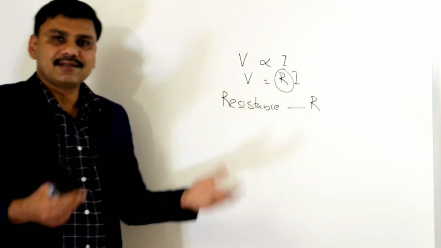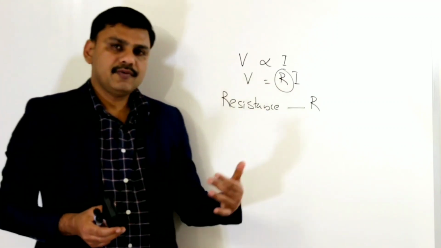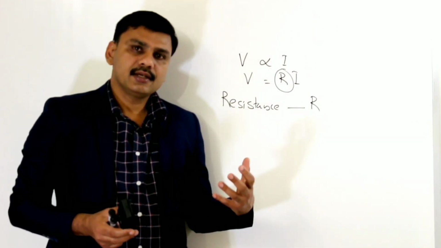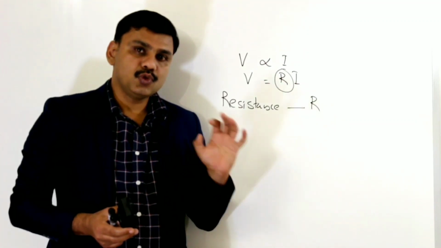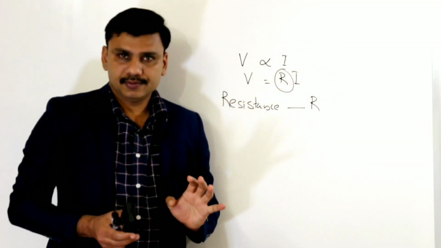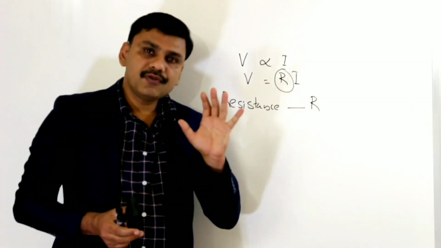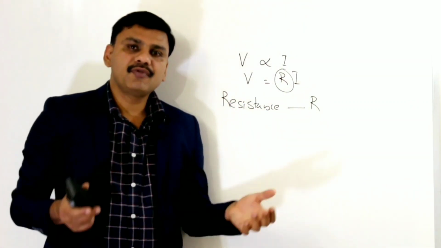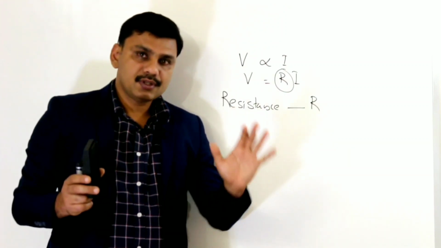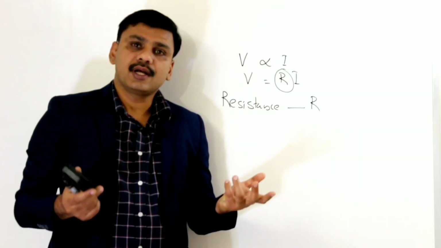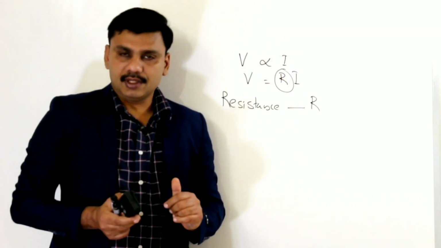So what do we mean by resistance? You know that when current flows through a material, the material provides something to oppose the flow of current. The property of the material by which it opposes the flow of current is known as the resistance of the material.